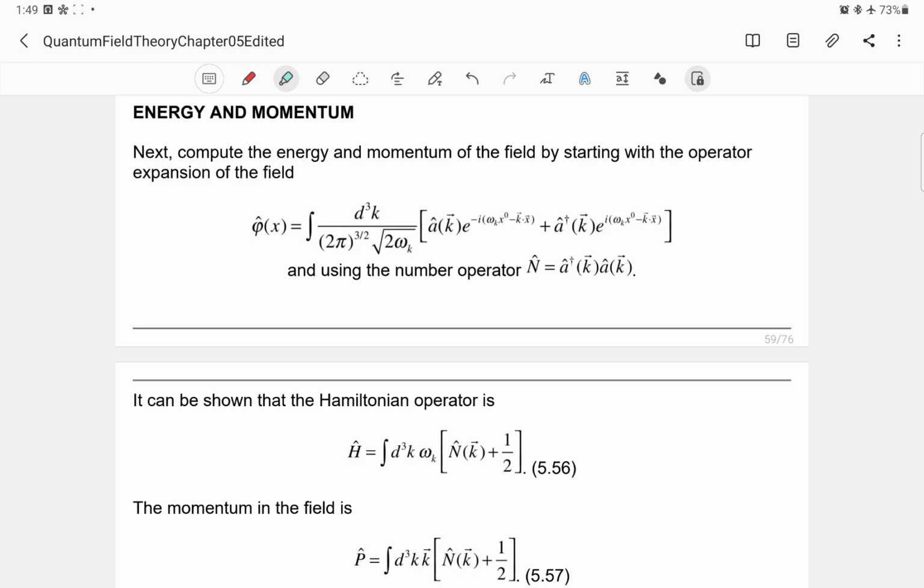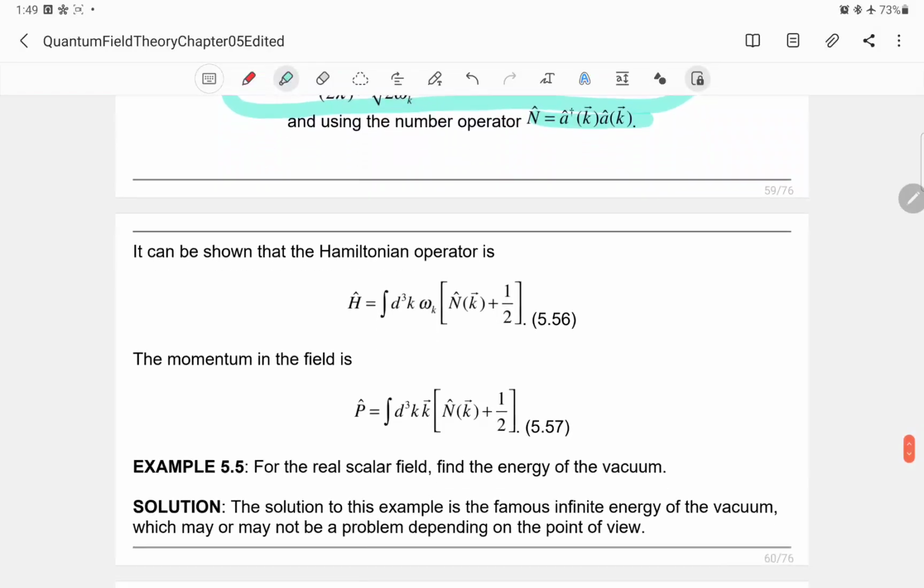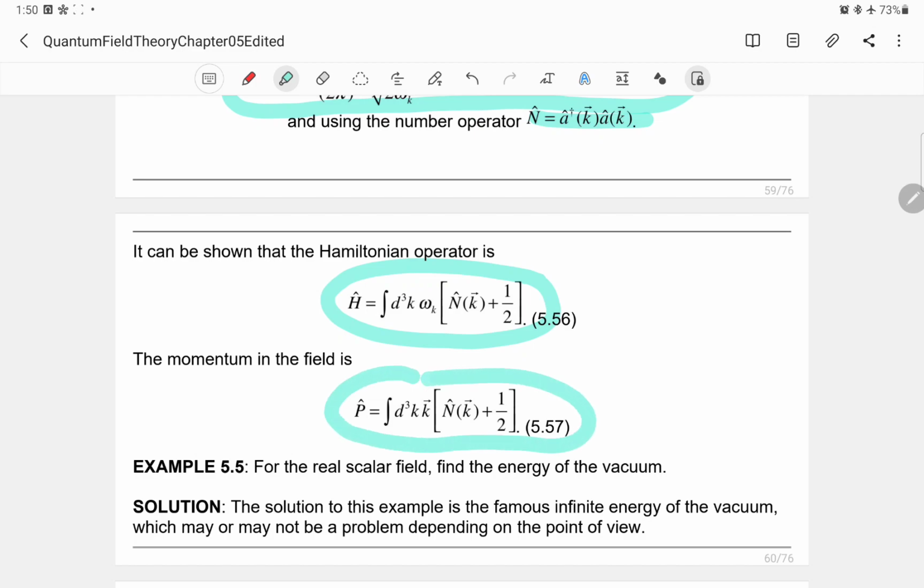So here we have an operator in that form, and using this one, the number operator, it can be shown that the Hamiltonian operator is this, and the momentum in the field is just this one.